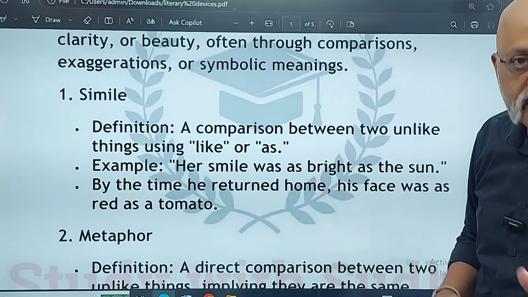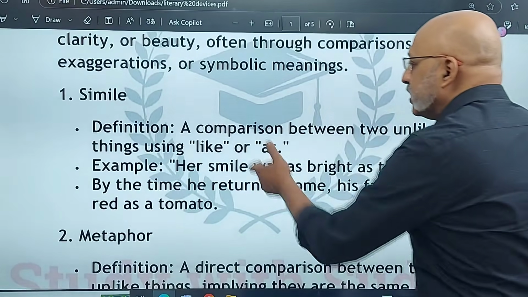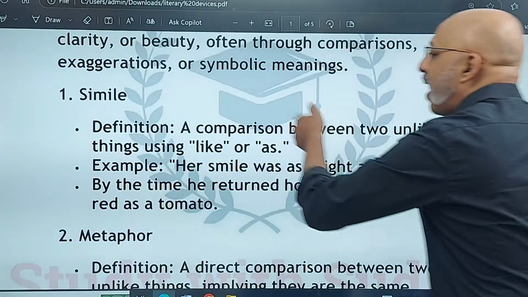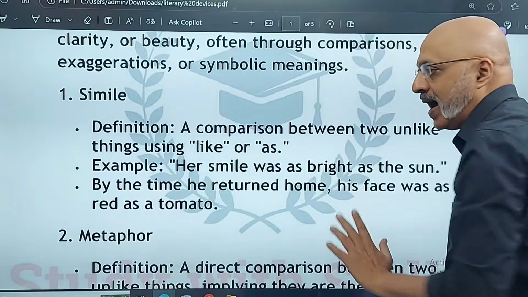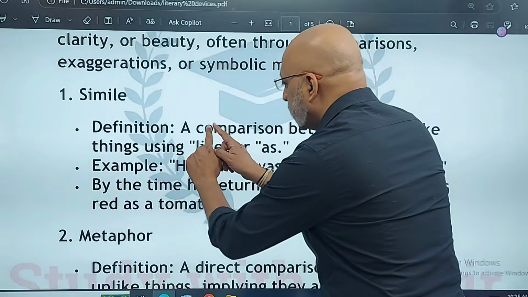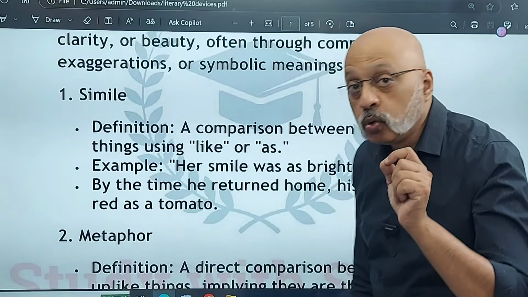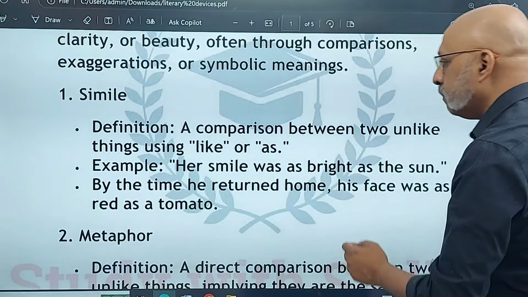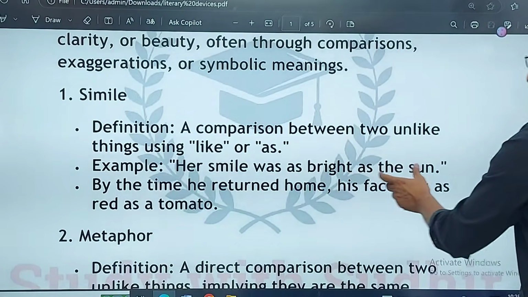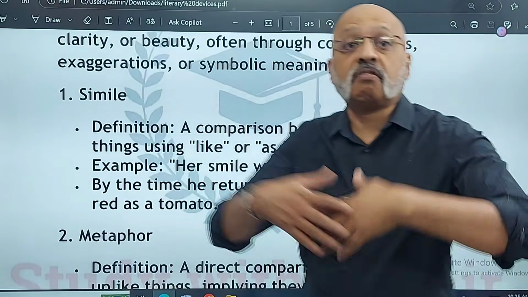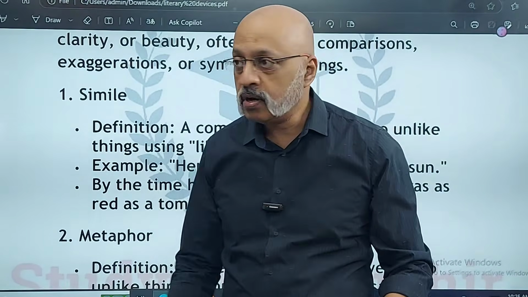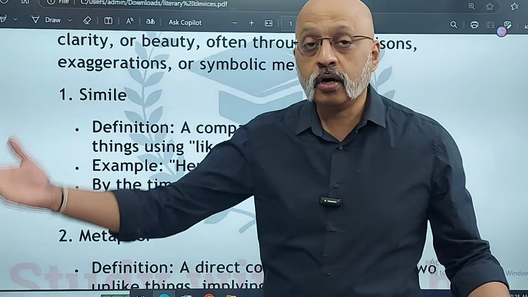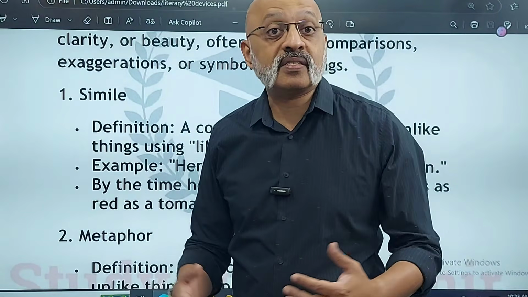Now this is the easier of the lot. It is essentially a comparison between two unlike things using like or as. So whenever you see these two words, like or as, you can be sure that this one is a simile. For example, her smile was as bright as the sun. So it was as radiant as the sun. Her look was like that of a sunflower.